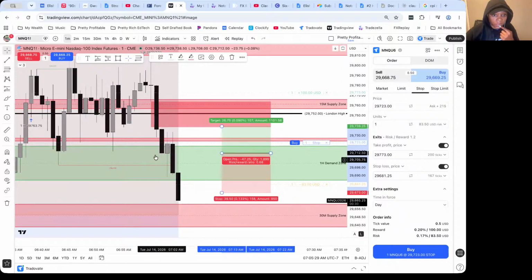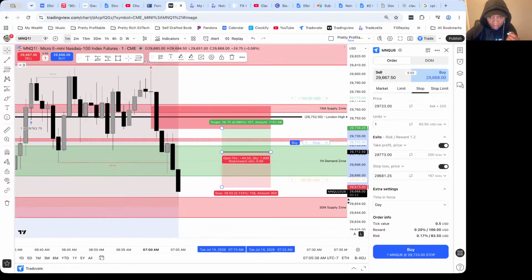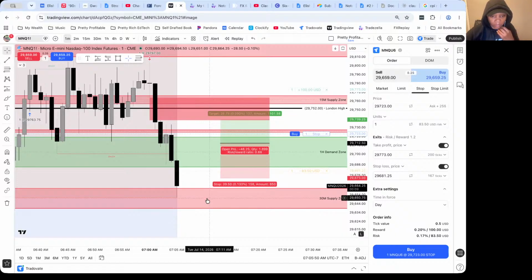I also could have used this as a zone to enter on the 1 minute, but I wanted to see if it respected this 1 hour zone. So it rejected off of this, but this is also a supply zone, not a demand zone.